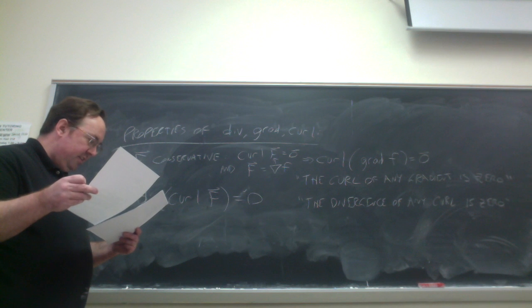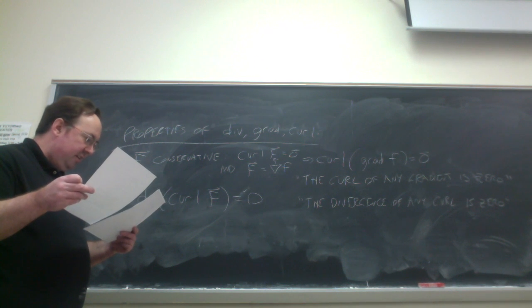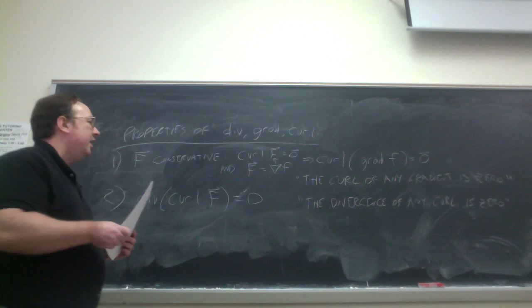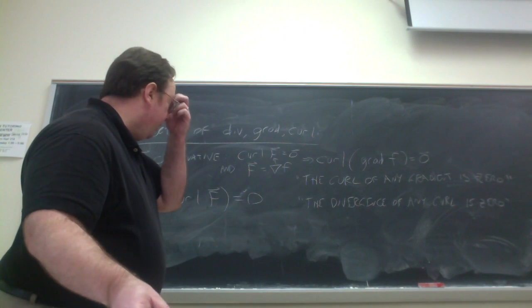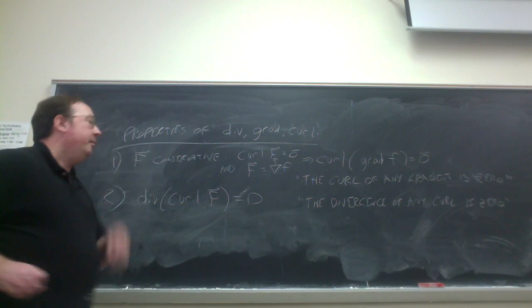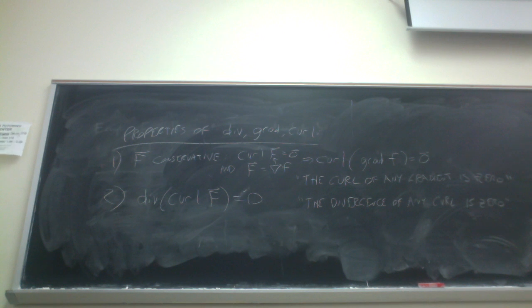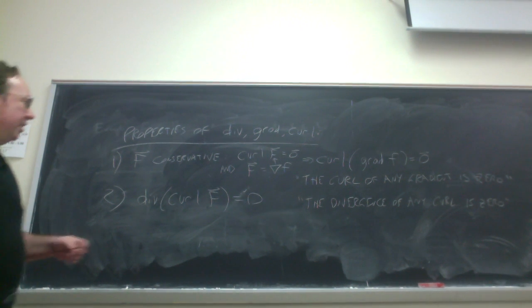I didn't bother proving every one of these in the notes. First of all, you can piece together from things that are already in there. But this is something that you can verify directly just by taking the appropriate partial derivatives. So what is curl of F?